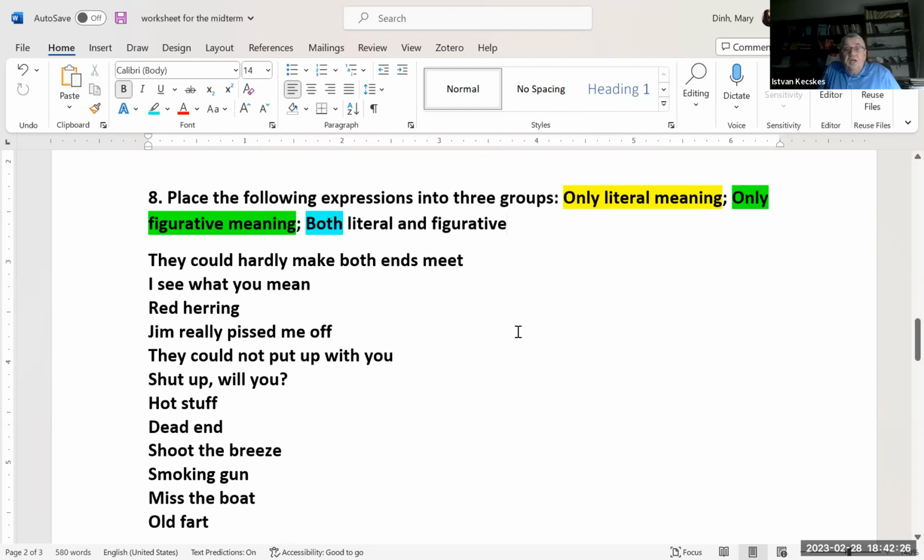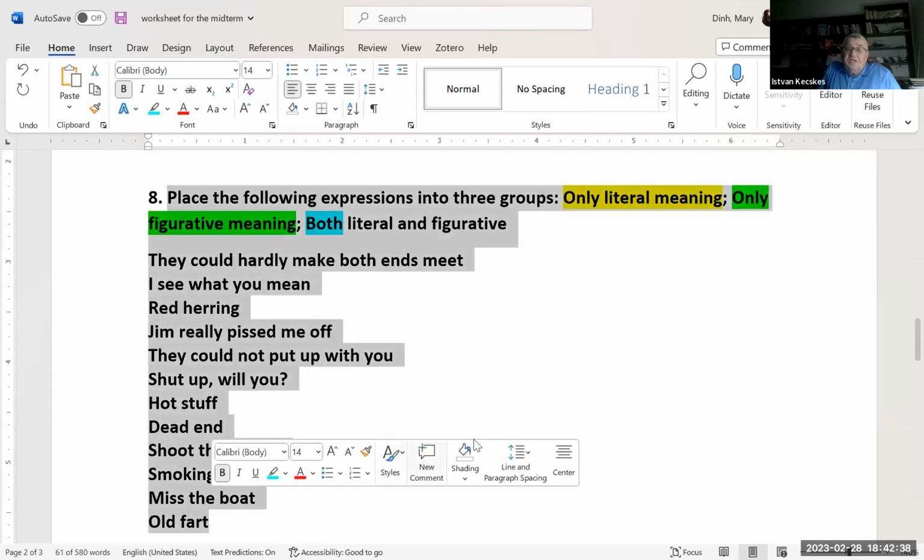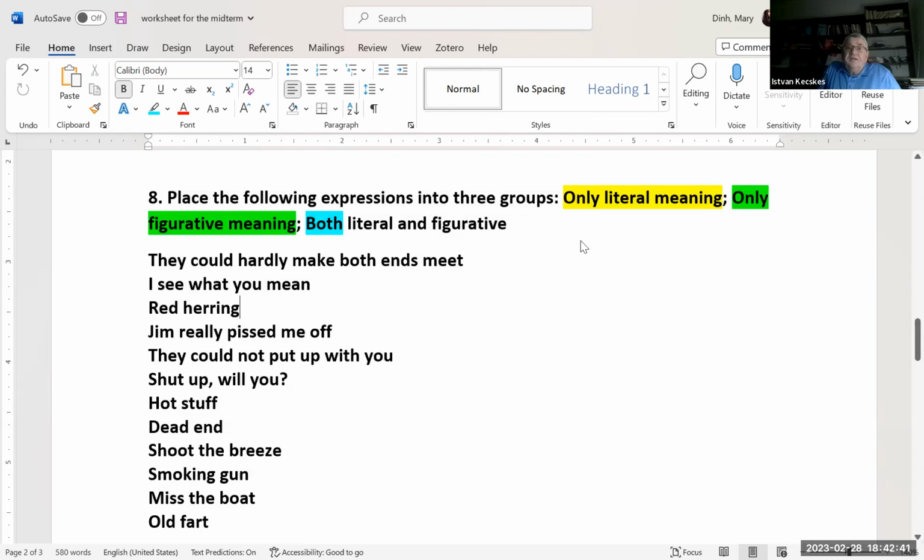You put each of them into one of these three groups, and you're going to get about 5 minutes to do that. Be careful, because there is no context, so what comes to your mind first is the most important thing. Then you decide whether it is literal or figurative.